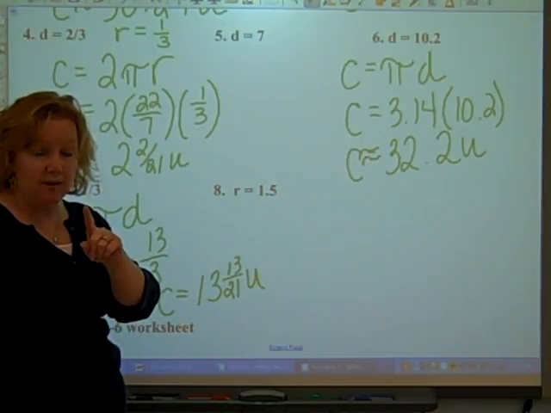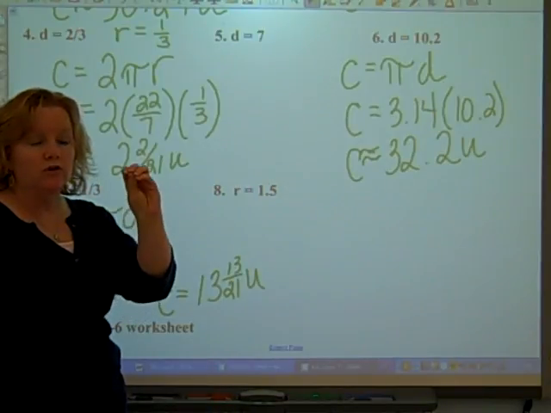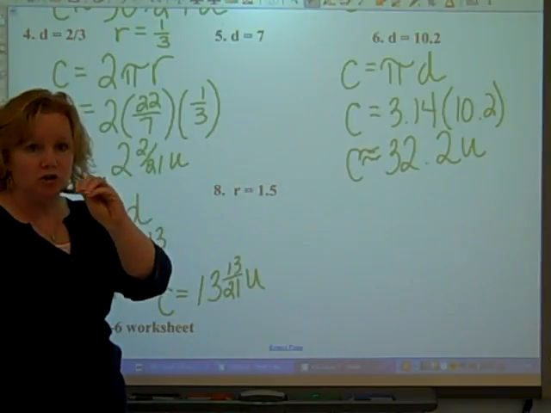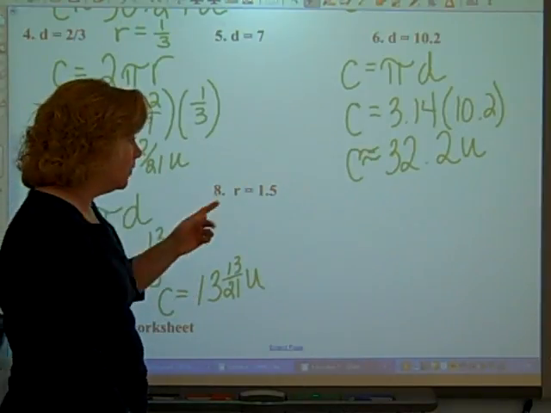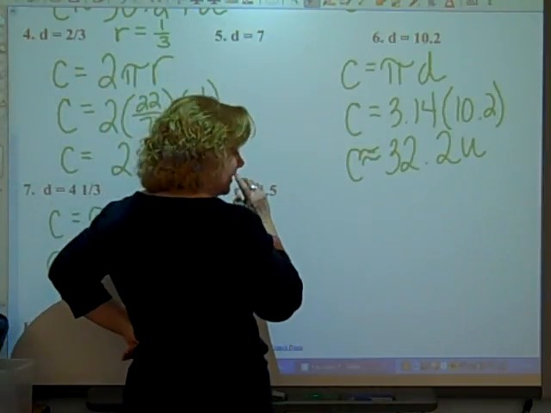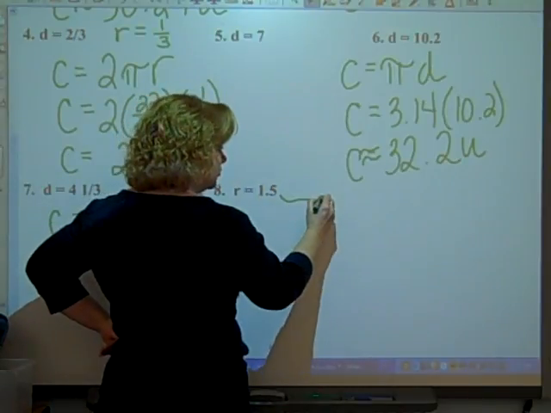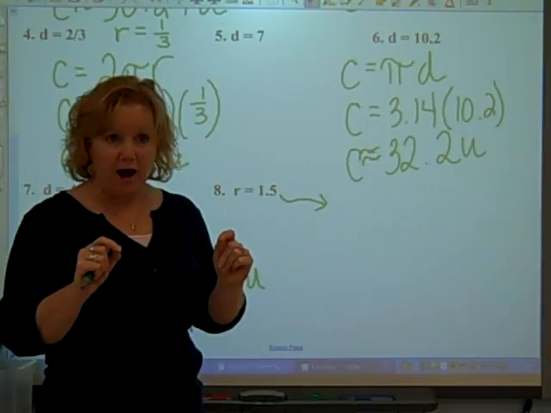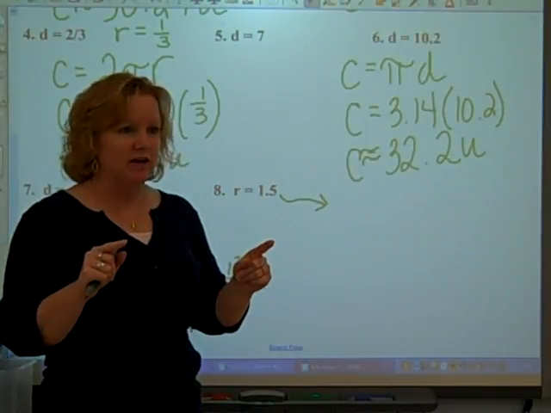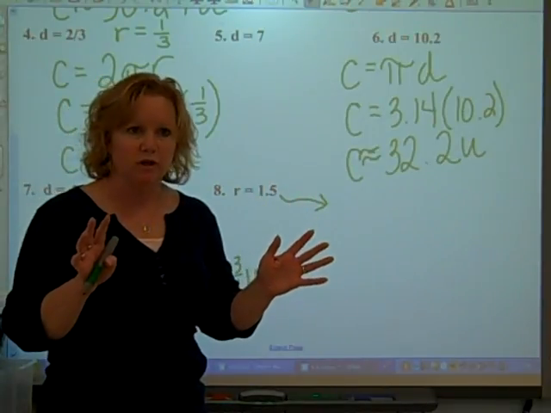So sometimes what we're going to do is the directions will say leave in terms of pi. If they do that, watch, let me do one like that. So let's do number 8 like that. I'm going to leave this one in terms of pi. And it's actually easier. It sounds hard. You're like, oh gosh, that sounds like that might be really hard.